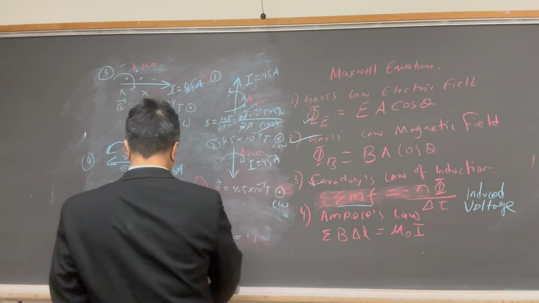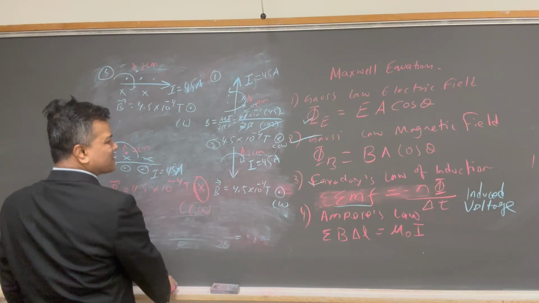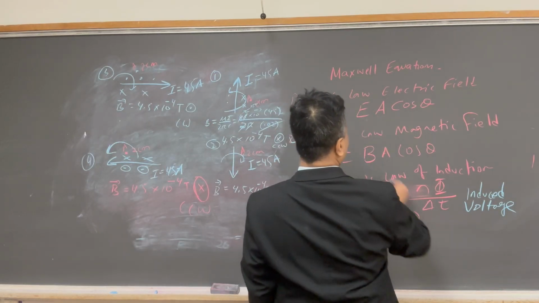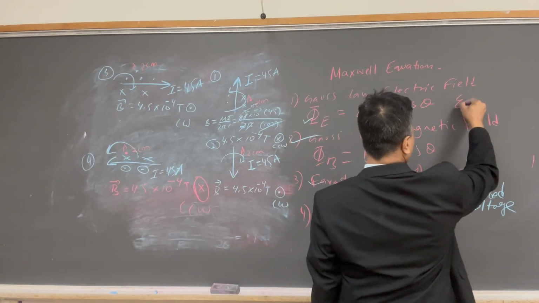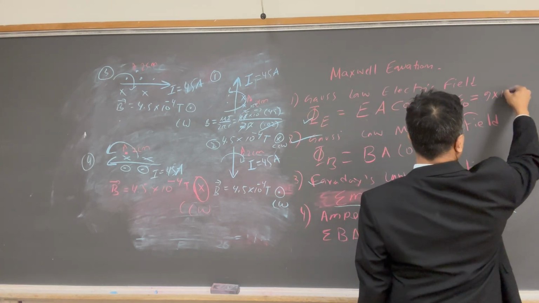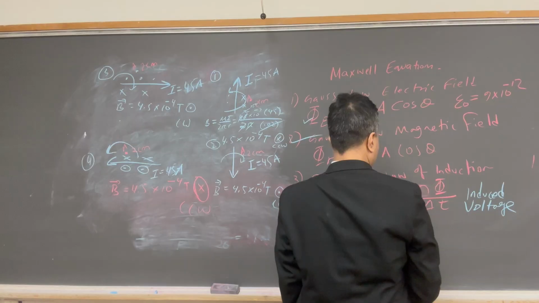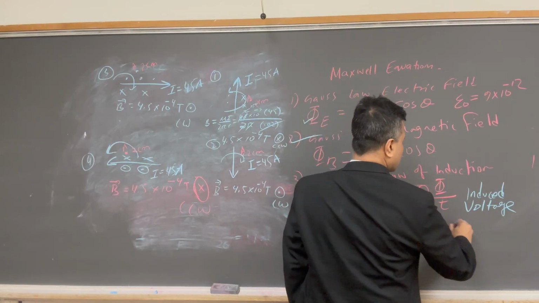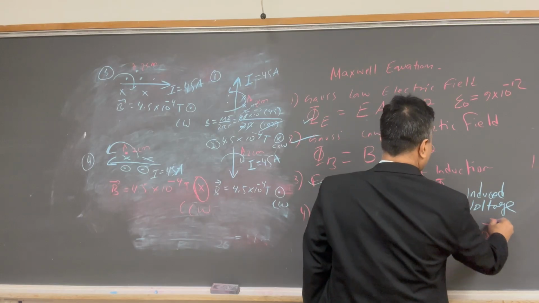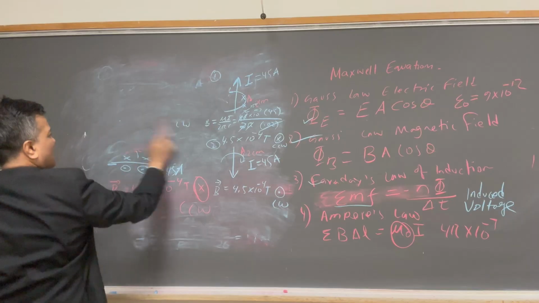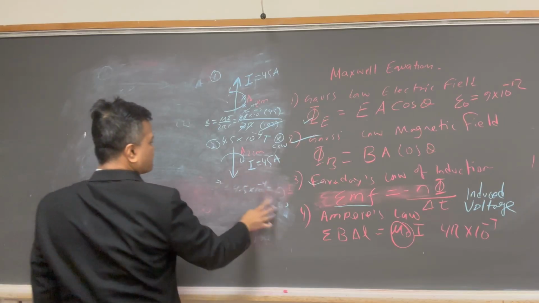So if you look carefully, you're going to see over here in this one you got epsilon, which is 9 times 10 raised to negative 12. And in this one you have mu, which is 4 pi times 10 raised to minus 7. We're going to get to see what they can do to us.